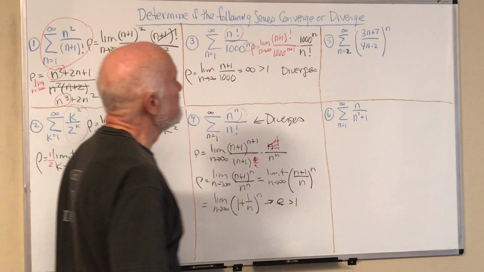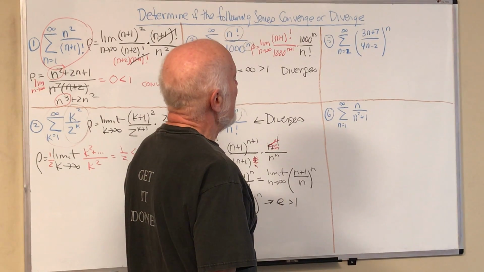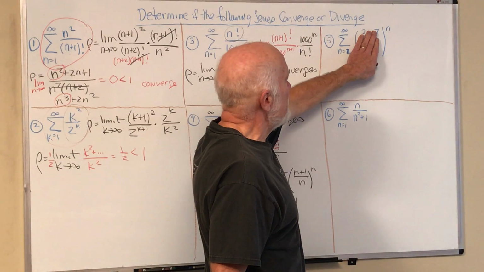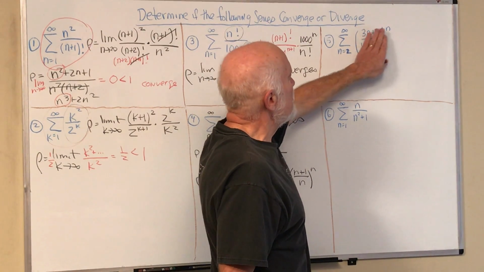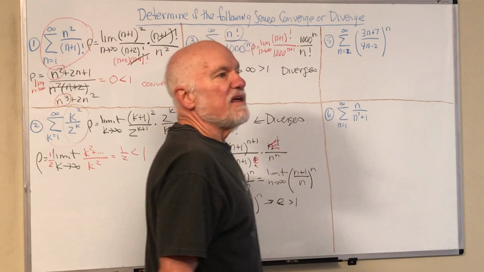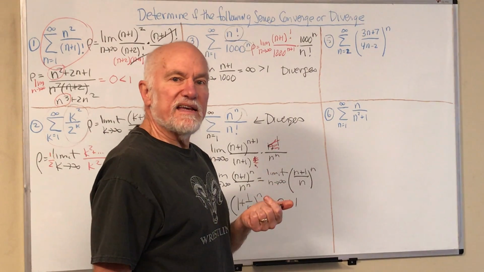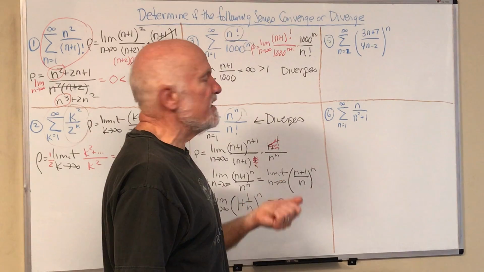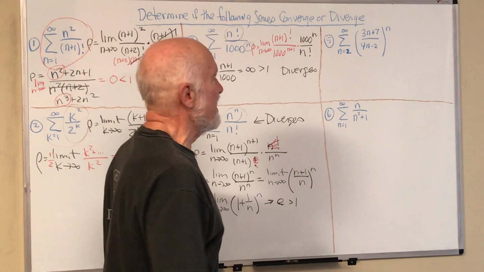Okay, so this one, where your a sub n is something to the nth power, is the one case where that nth root test is really going to work nicely. And it's about the only case that it really works nicely.